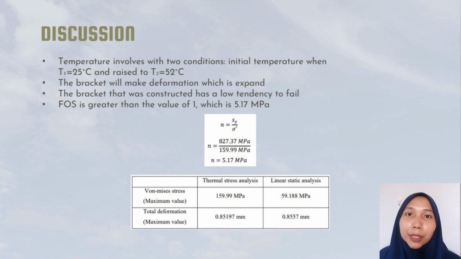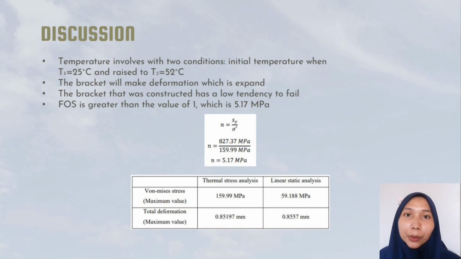This happens because generally when temperature increases, materials tend to expand, and when the temperature decreases, they start to shrink. This bracket has been constructed as a safe product because the factor of safety is greater than 1, which is 5.17.